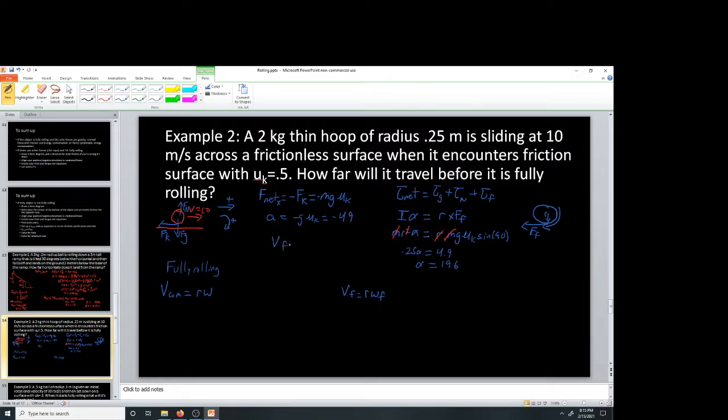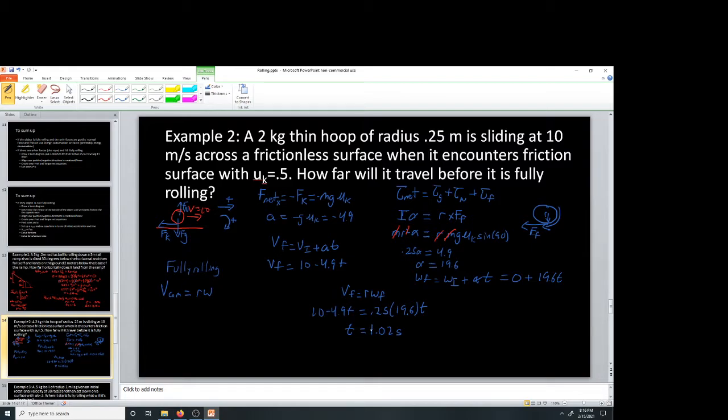V final equals V initial plus AT, so V final equals 10 minus 4.9 T. I've also got that omega final equals omega initial plus alpha T, which is 0 plus 19.6 T. I can plug those in: 10 minus 4.9 T equals 0.25 times 19.6 T. I can solve for T here, and I should get a time of 1.02 seconds. That's how long it moves before it becomes fully rolling.